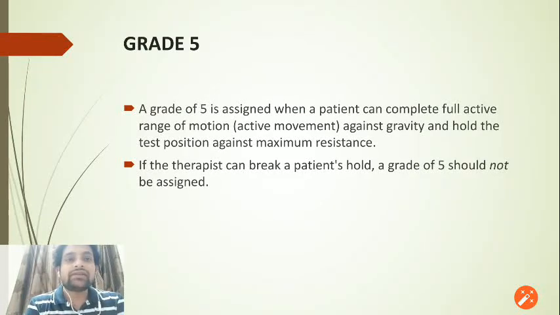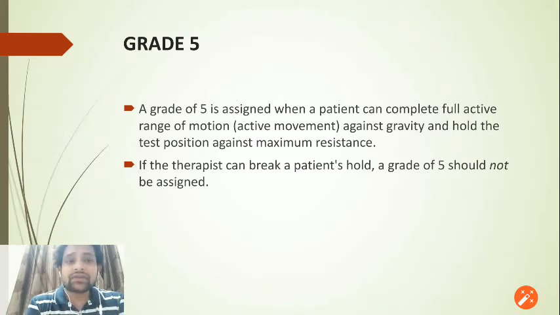So here we have a description of grade 5. A grade 5 is when a patient can complete full active range of motion against gravity and hold the test position against maximum resistance that is given by the therapist or tester.